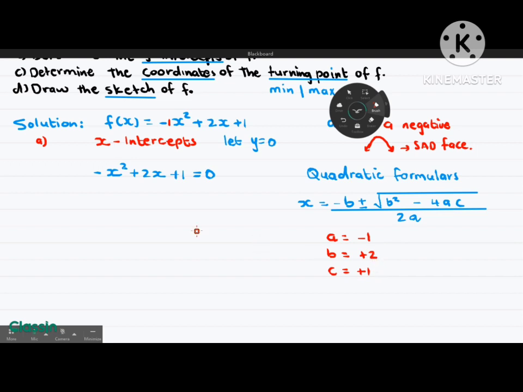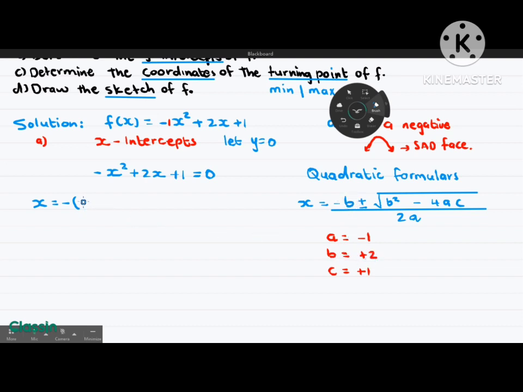So when we do our substitution into this formula, we will simply say that x equals minus, the negative I'm starting with is the negative of the formula. Then you open the brackets. Inside the brackets, you look where there is b. How much is b? We said b is +2.